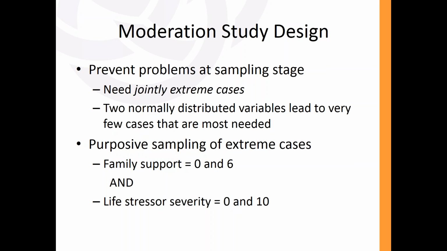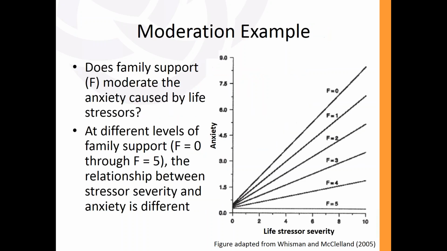You need what are called jointly extreme cases. What that means is you have to find people who are extreme on both variables. You want to find folks who have very little life stressor severity and a lot of stressor severity, and you have to find folks with very little family support and a lot of family support.